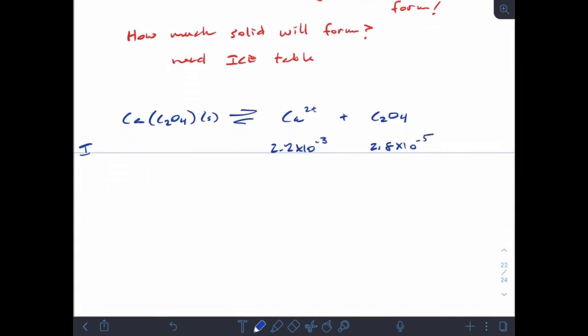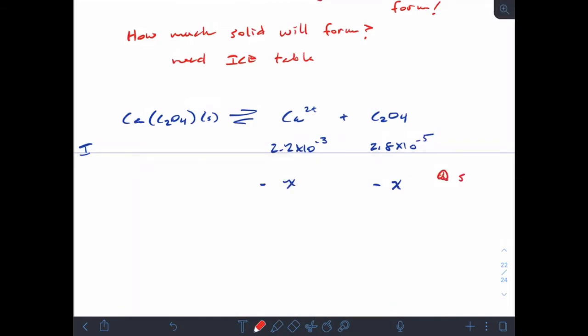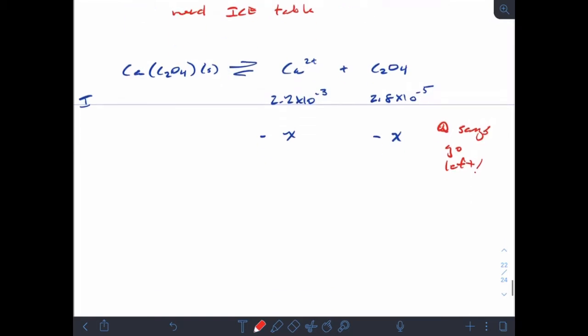Since Q told us the reaction is going left, we are going to have a minus X and a minus X. Let me notate that: Q says go left. My reaction is going to be forming solid, so I'm going to be losing some ions and forming solid. That's my change line.